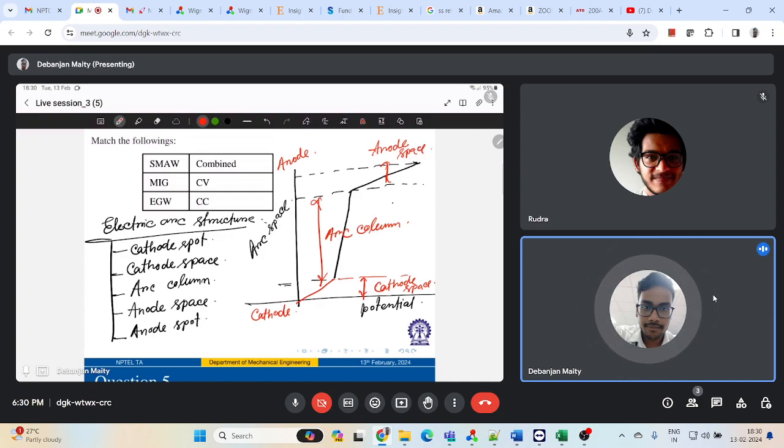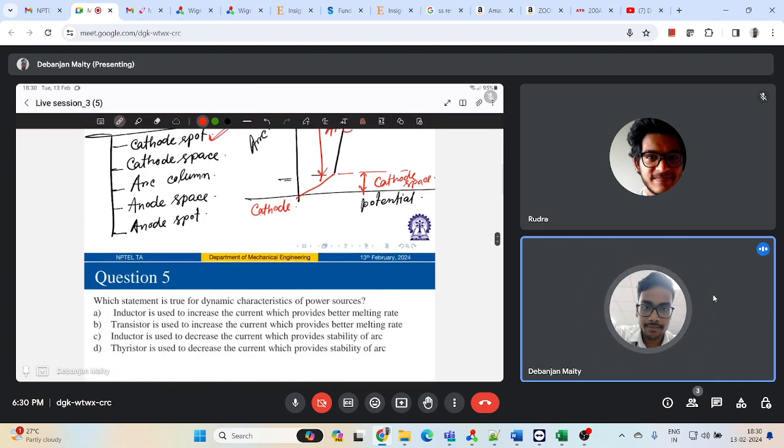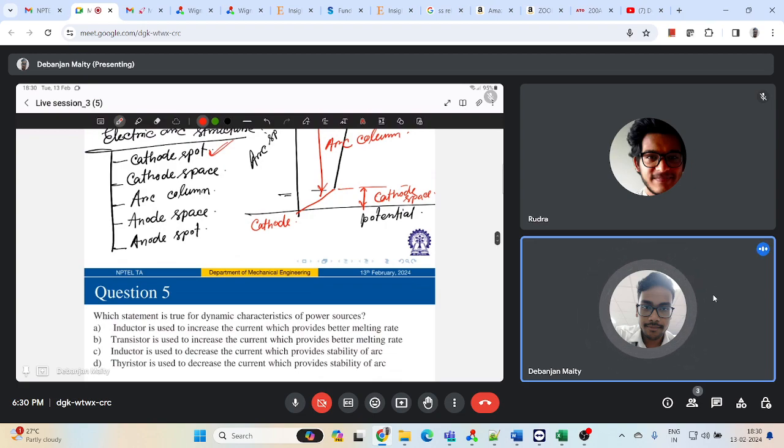What is there for cathode spot? I talked about cathode spot first. So the cathode spot is a relatively very small area on the cathode surface, which is emitting the electrons. Then comes the part of cathode space. So the space is some kind of gaseous region adjacent to that cathode, and this will have a certain thickness of the order of 10 to the power minus 3 centimeter.